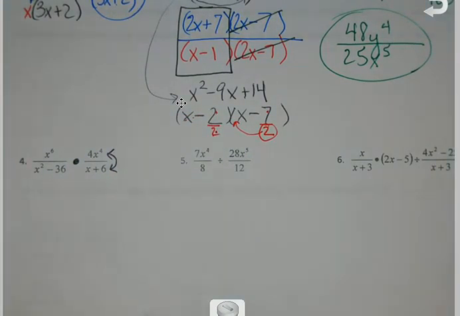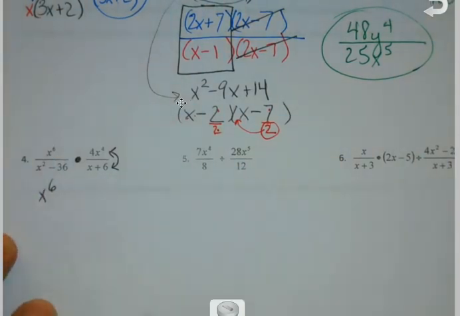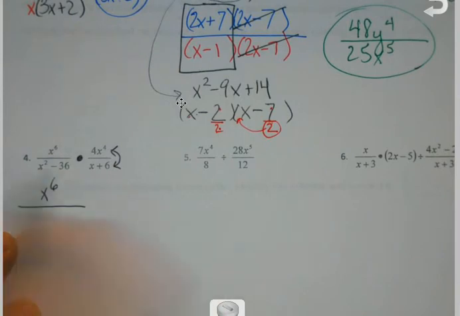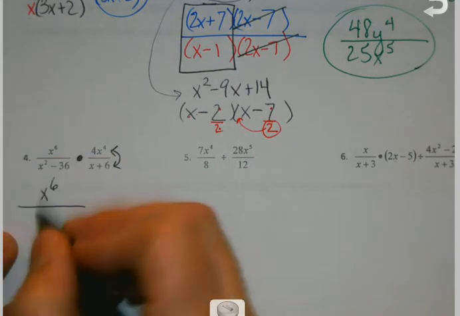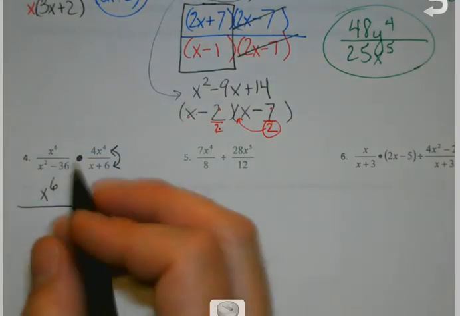So once I remind myself of that, I go, okay, so I've got x to the 6th, can't really do much with that. What's my denominator going to look like? There you go.